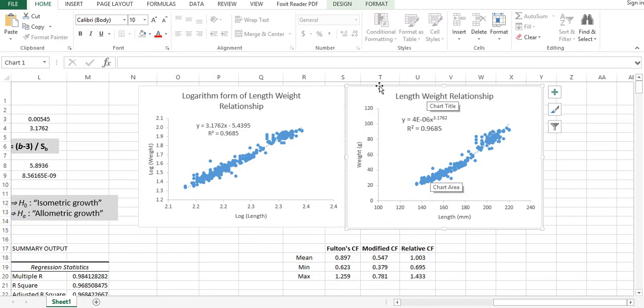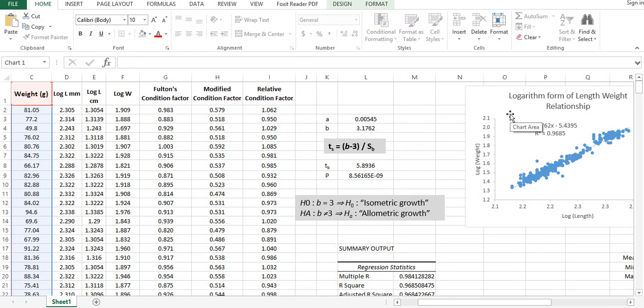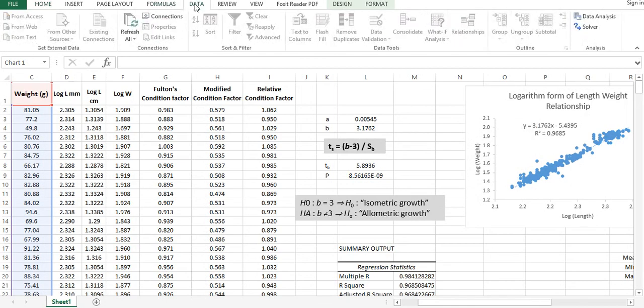As the length relationship is just a normal linear regression, we'll do a linear regression function here. For this regression we'll use data analysis. By clicking Data, you go to Data Analysis, and sometimes the data analysis does not appear in your Excel.